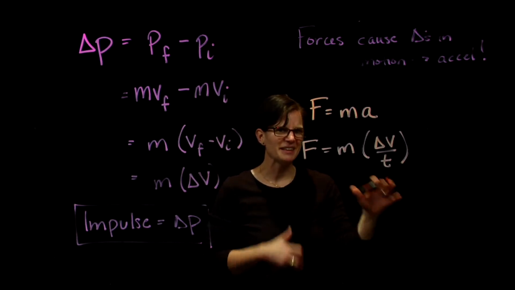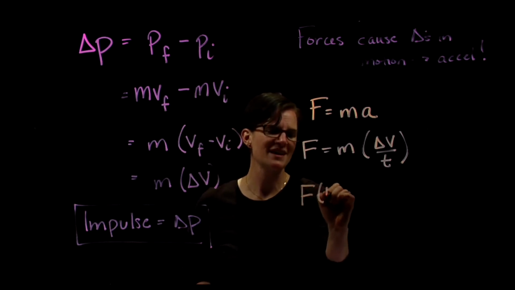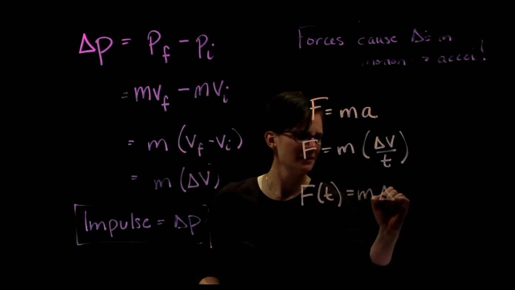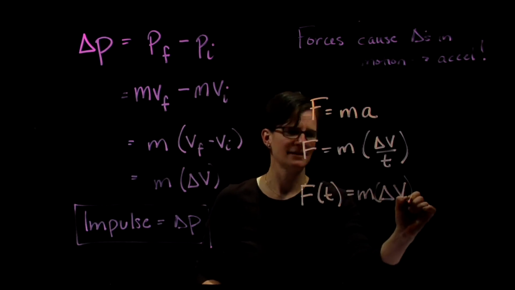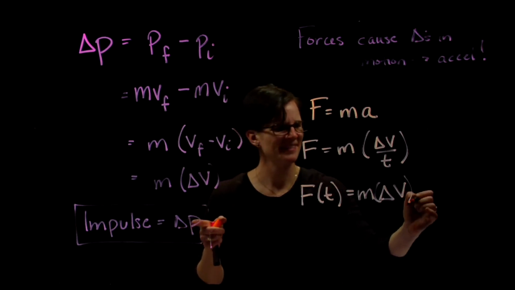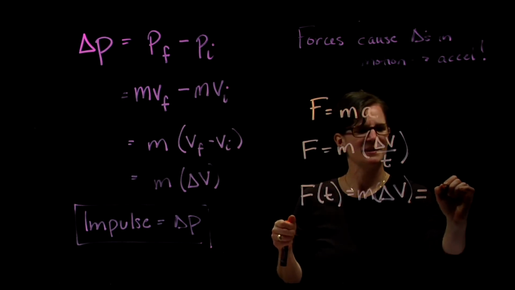All right, well, if I do a little bit of rearranging, I end up with my force times the time that force is happening is equal to my mass times my change in velocity. Well, that looks familiar. This is simply equal to my impulse.